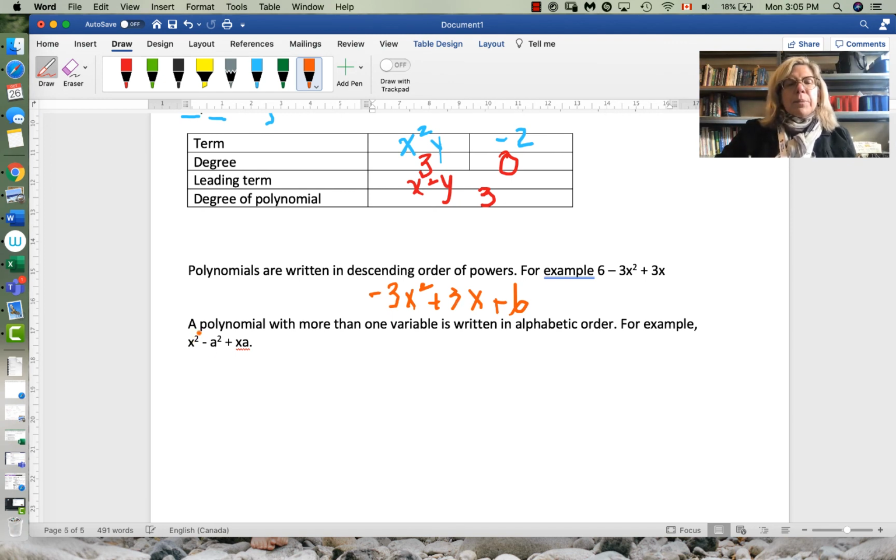And then in this case, a polynomial with more than one variable is written in alphabetical order. For example, if we had a polynomial that looks like this, well, we wouldn't leave it like that. We would say, okay, so a is before x, so it's minus a squared plus, well, a to the first comes before the x, so it's xa, and then the last term plus x squared.